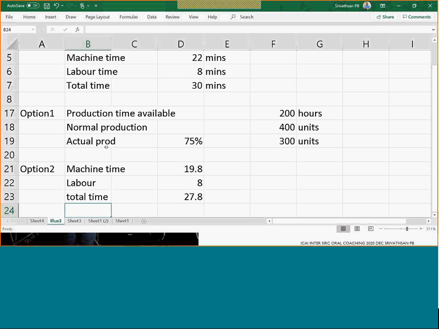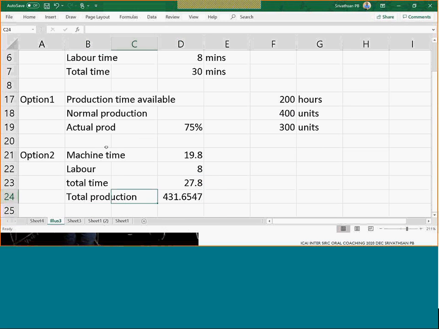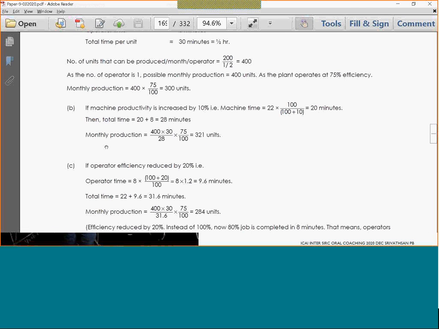Minutes per unit. 200 hours divided by. So mix improved by 10%.